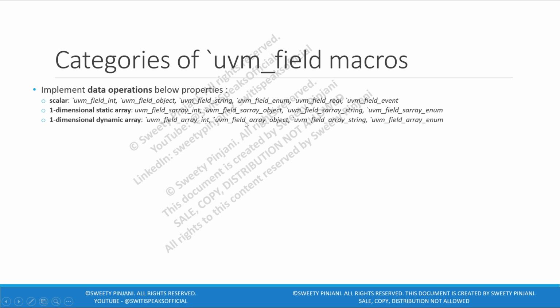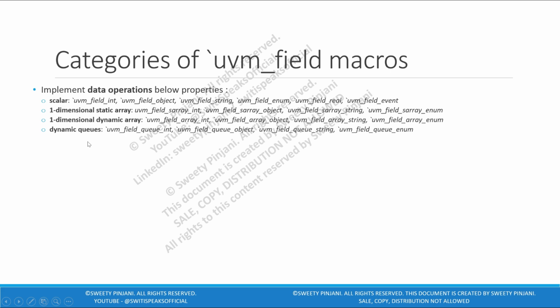For one-dimensional dynamic array of object, it will be UVM field array object. This will be one-dimensional dynamic array of string. This is one-dimensional dynamic array of enum.